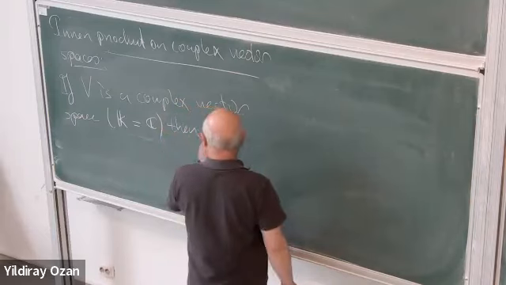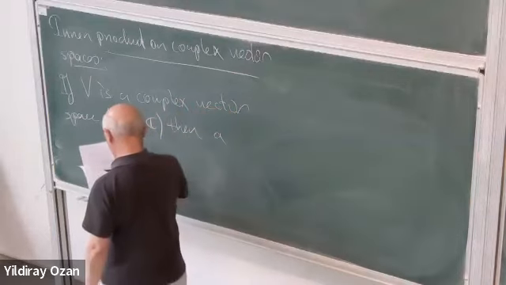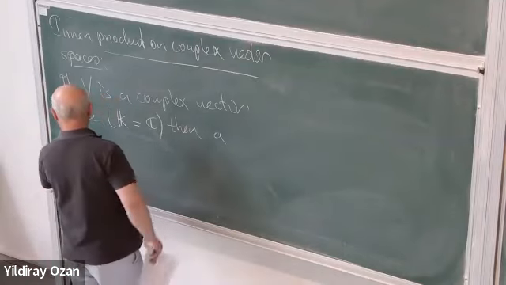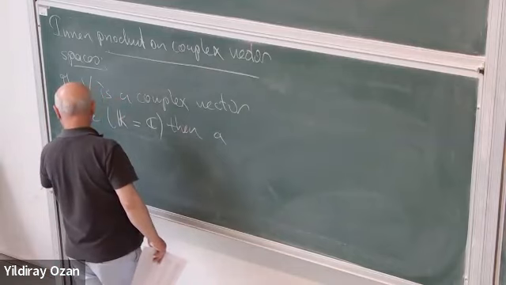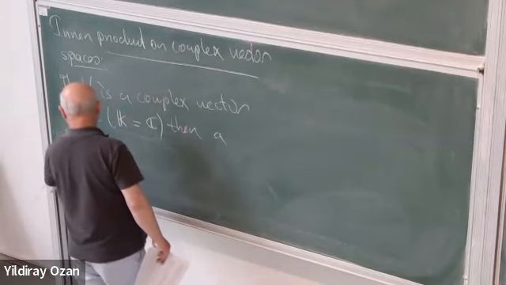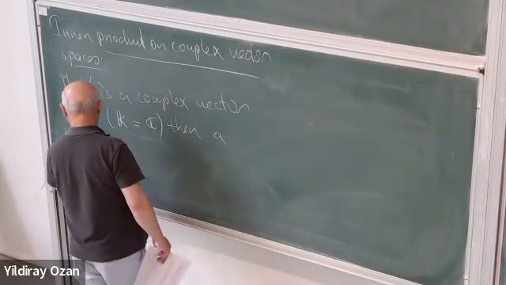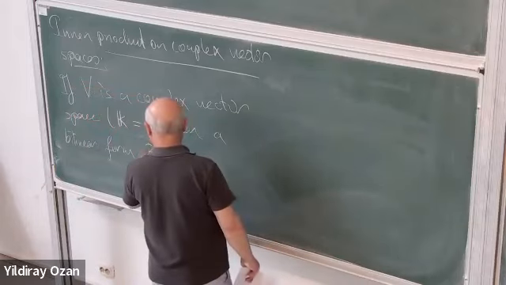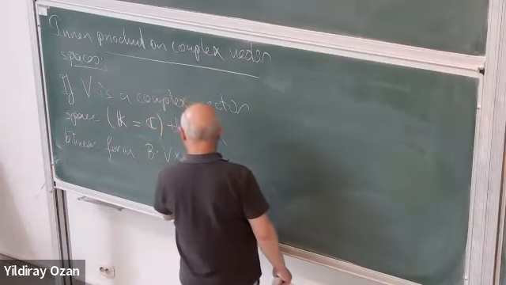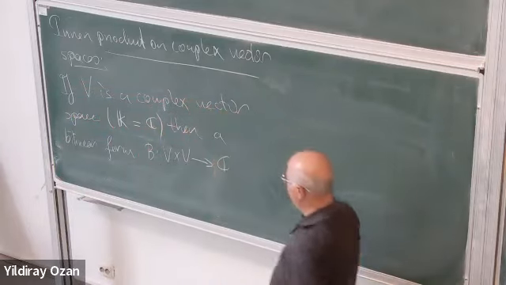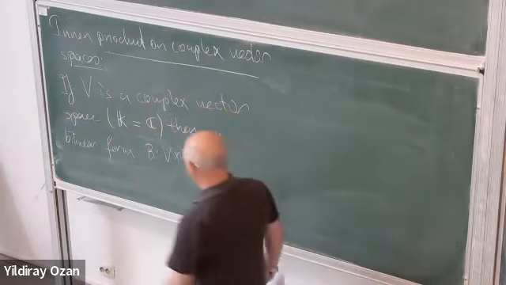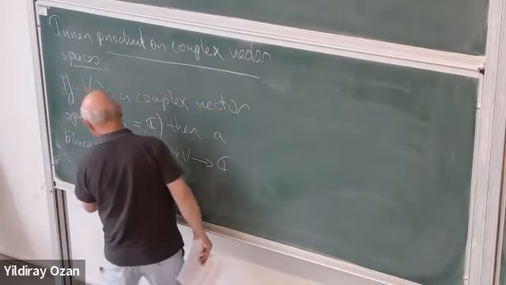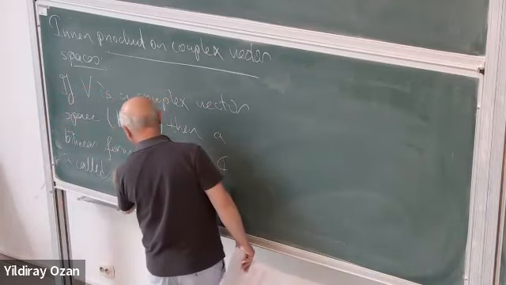Then a form from V times V into C is called Hermitian.